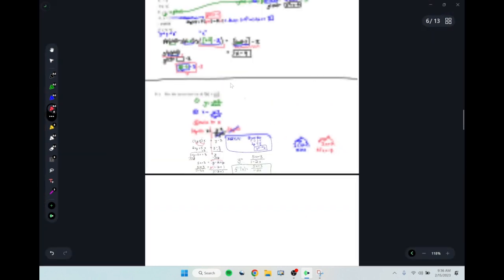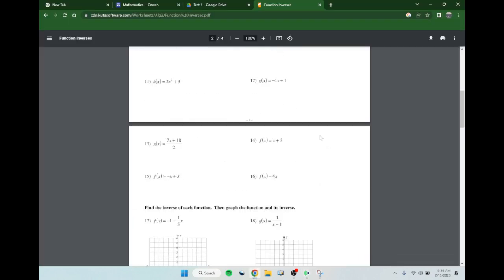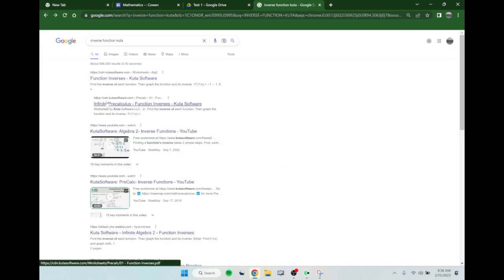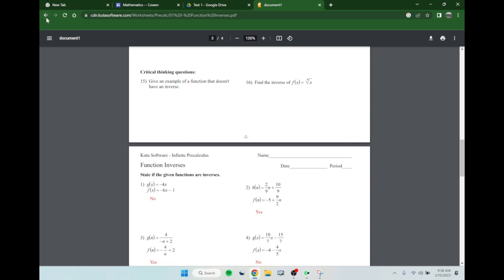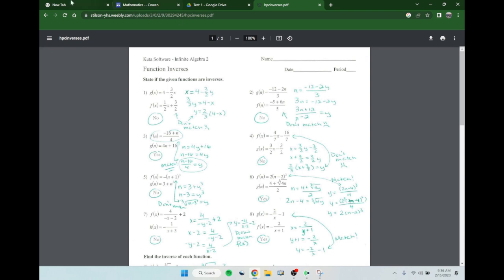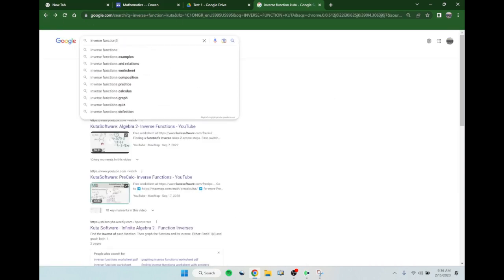Okay, before we move on, go ahead and start looking for another problem. I am going to grab a bunch of problems. I want to find those double ones, because those double ones are a little tougher, right? They're like double fractions where it has 4 terms. Inverse functions. What are those called? Rational?